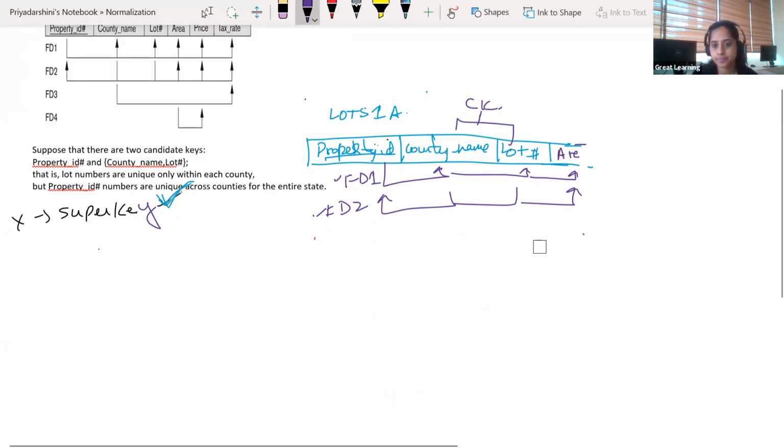Keeping this now, I have FD1, I have FD2, and I will add one more, because there is a scenario where 3NF will not be in BCNF. In the previous example, my complete 3NF was in BCNF, so we didn't go further. Many cases will be like that. But what if you have one more FD?